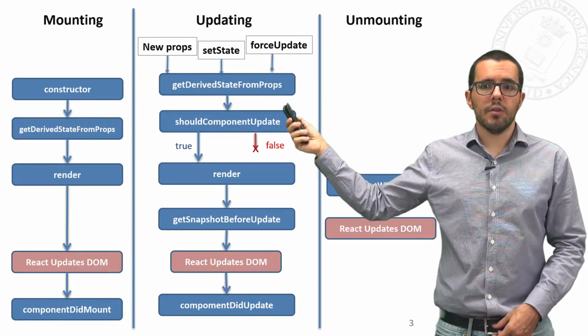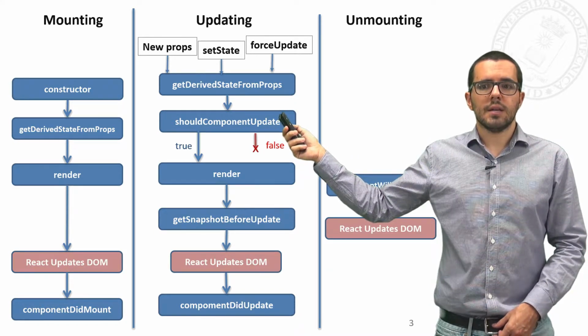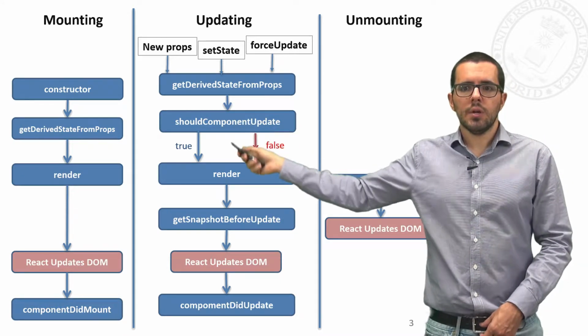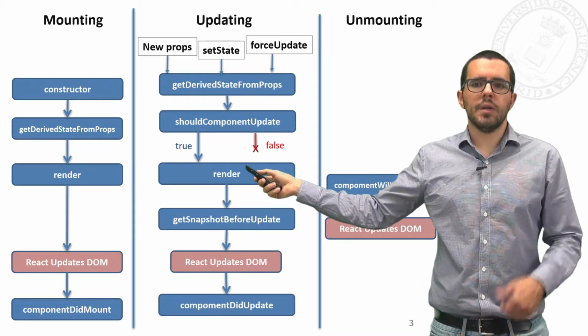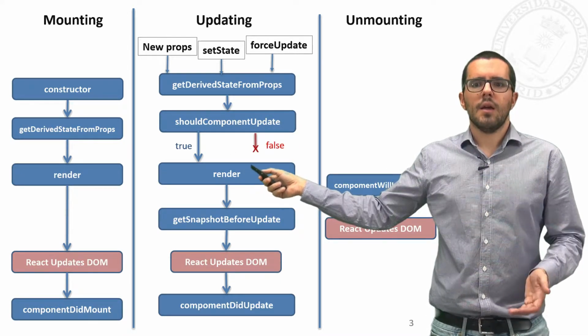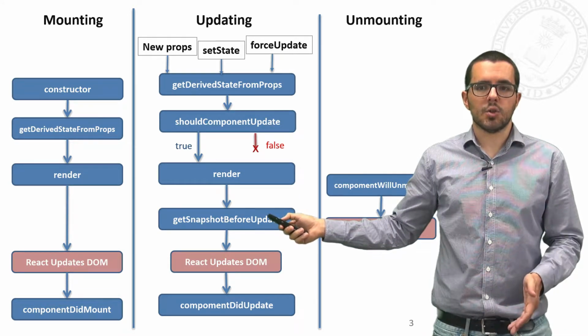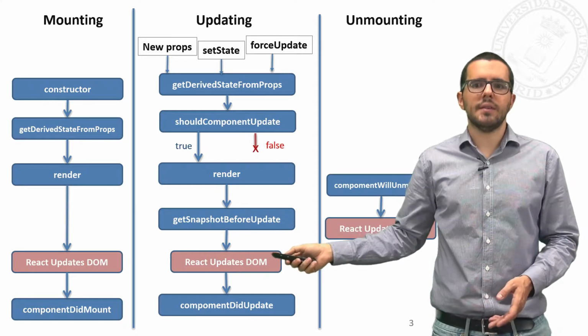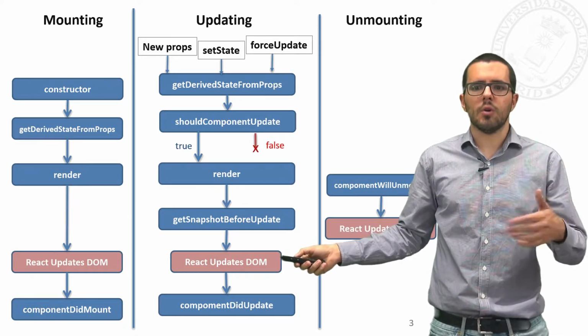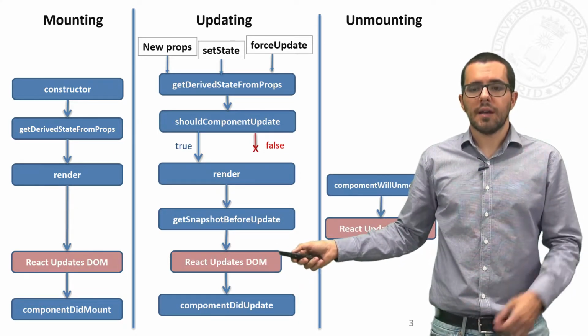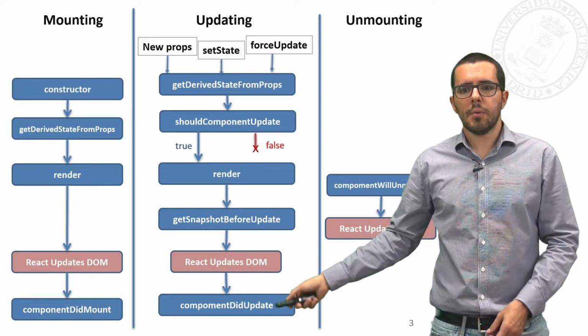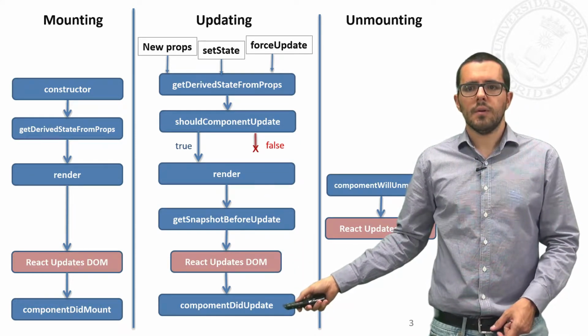We have a special method, shouldComponentUpdate, that if it returns true, the component will be rendered again. And after it, getSnapshotBeforeUpdate is called, and then React updates the DOM with this virtual DOM and everything very optimized. And after the DOM updating, the componentDidUpdate method.